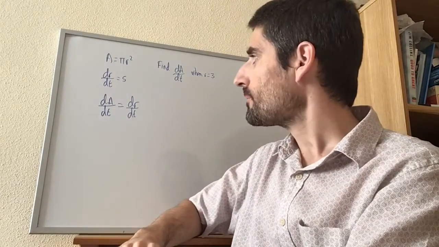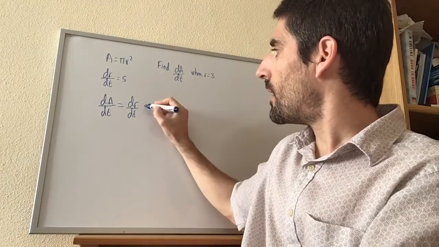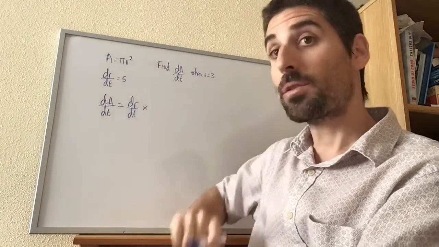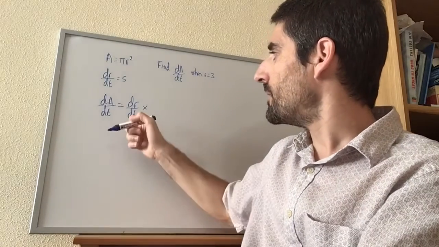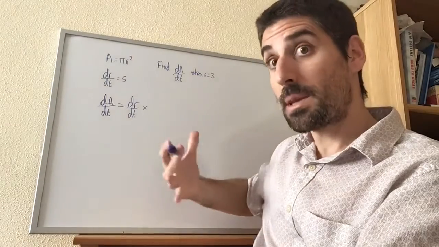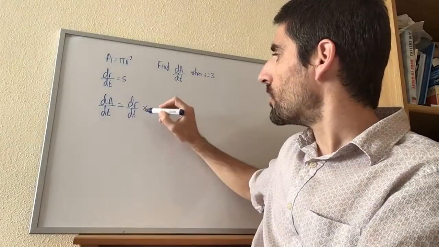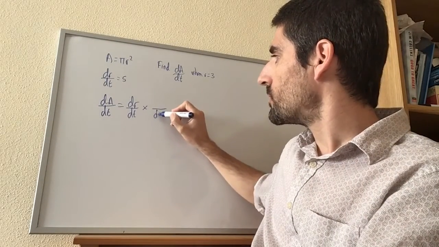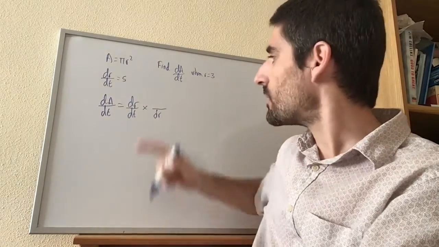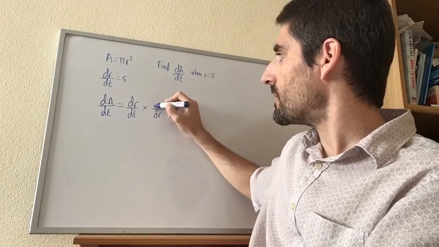I'm going to multiply this by something in order to get that. The dt is already there. The dr needs to disappear. So I'm going to multiply by something over dr because then the drs will cancel out. What do I need here? I need dA, isn't it?